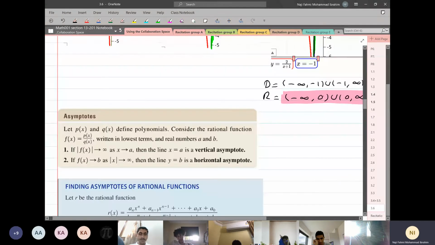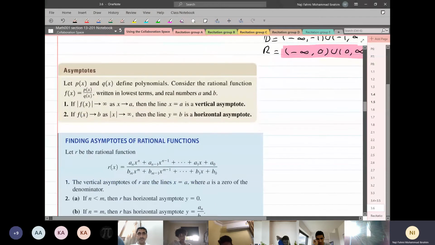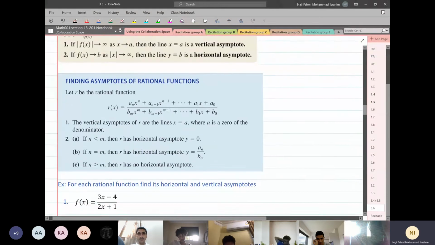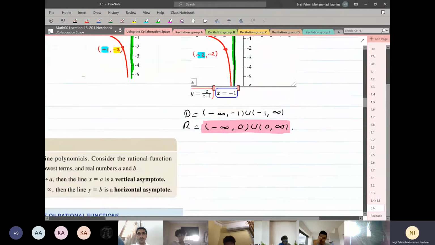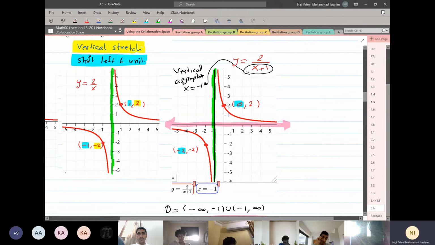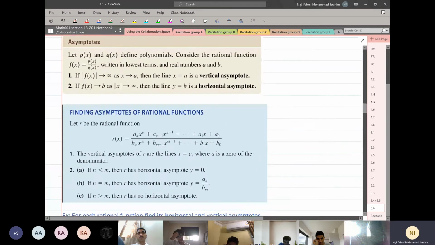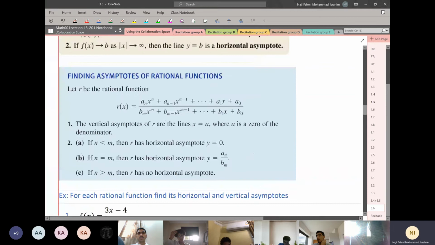Now, in the vertical asymptotes, we took the case. We said the vertical asymptotes, how can I find them? Again, I will repeat here. Are my vertical asymptotes the zeros of the denominator or not? Yes, but the horizontal asymptotes, now we will learn a rule to find them. Let's read this rule.